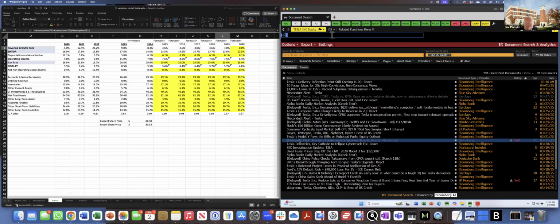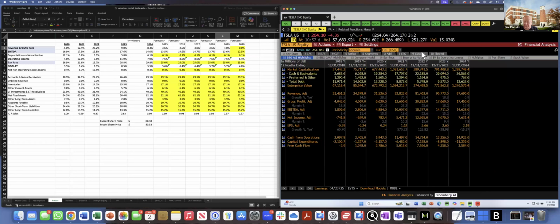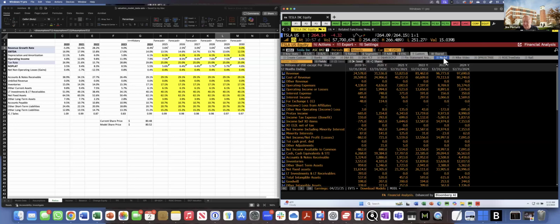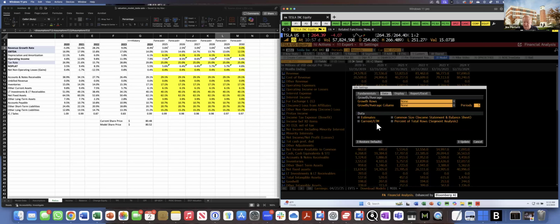So the next thing is we go to FA. And then you'll go to the template that you created for the model. And again, we want to have 6 years of historical data in this exact format with these exact cells. So again, back to settings, you should have already done this. Make sure number of periods defaults to 6, not 10, and make sure that none of these 4 boxes are checked.